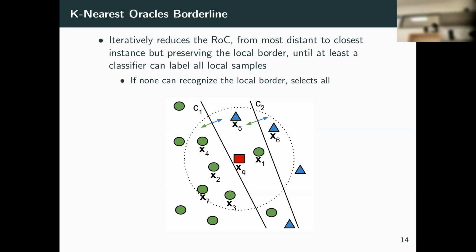For instance, in this example, the local border will be defined by the two closest samples to the query that are from different classes, X1 and X5. So it would remove all samples, but keep these two. But it still would select the wrong classifier in this case, because the thing with this example is that X1 should be removed soon, because the local border is not here, it's here. But it's a majority class and it's closer, so it's harder.